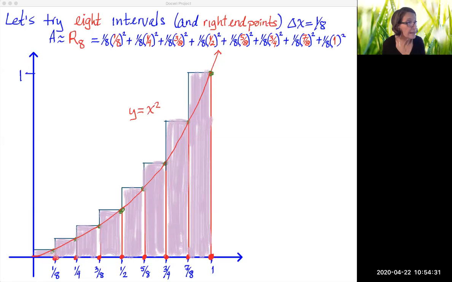Okay, those are the right endpoints. The y-coordinates of the right endpoints determine the heights of all those rectangles. And there's 8 of them. Make sure I have 8. 1, 2, 3, 4, 5, 6, 7, 8. So I squared each of those fractions. Then I multiplied each one by 1/8.